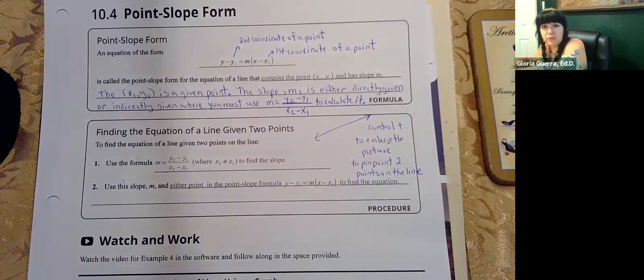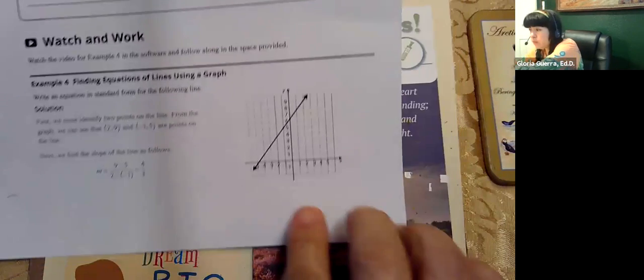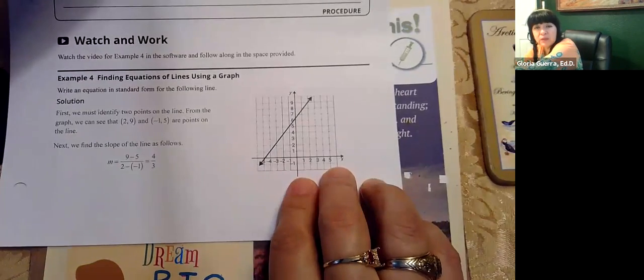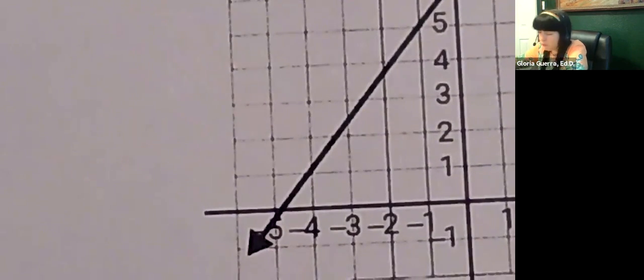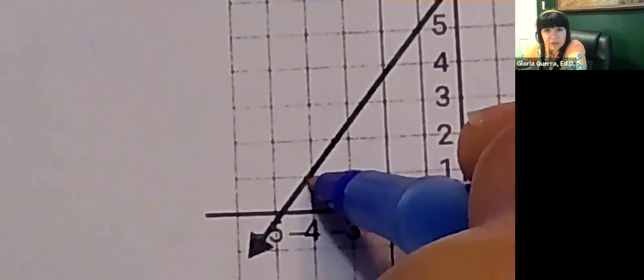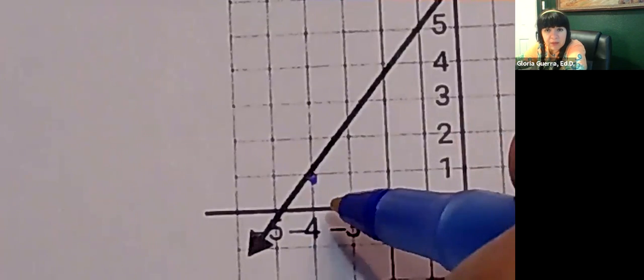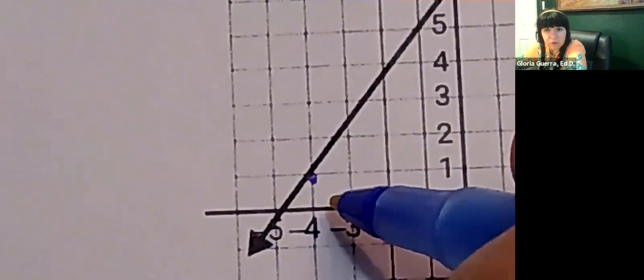So like, for example, if I just use this as an example, like this down here, if I make control plus, control plus, control plus, if I make that bigger, you can identify 2 good points on the line. Like you see, probably this one would be a good one that looks like it intersects right at that point. That looks like it's -4, 1.